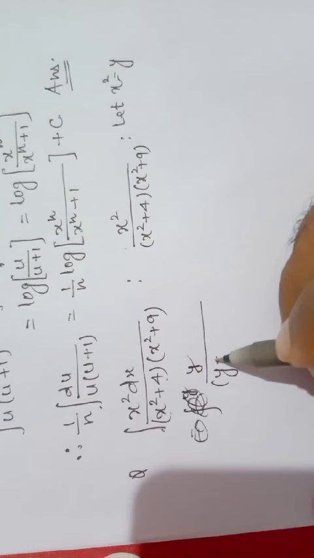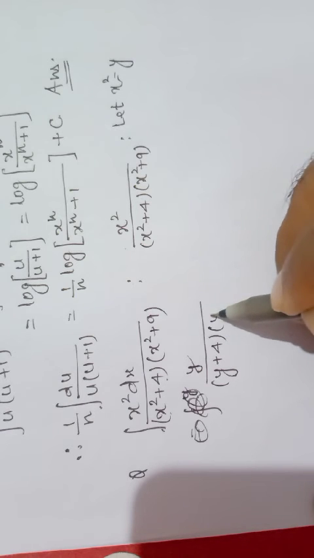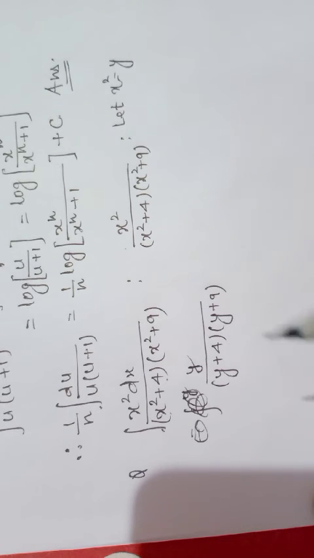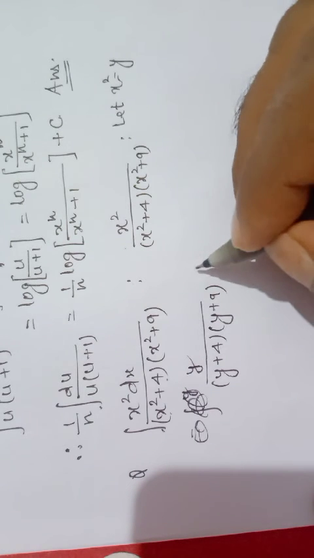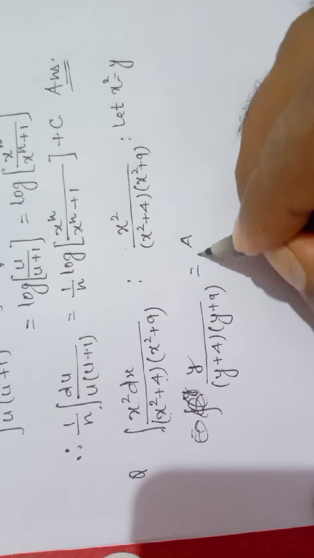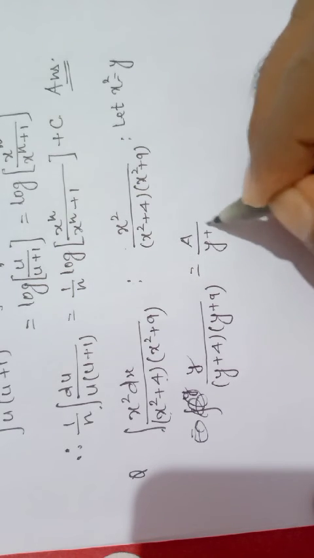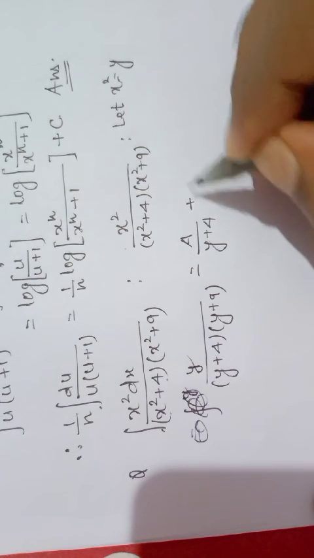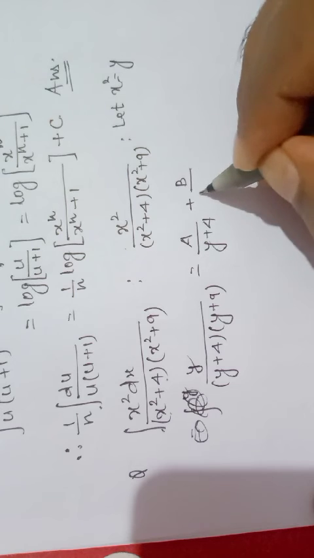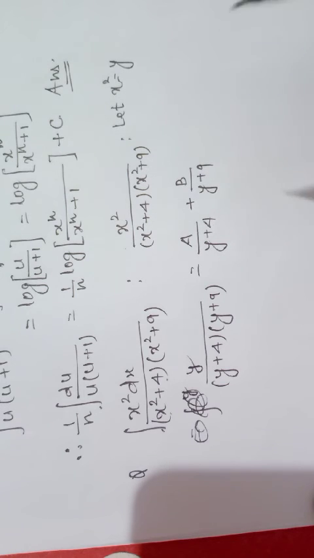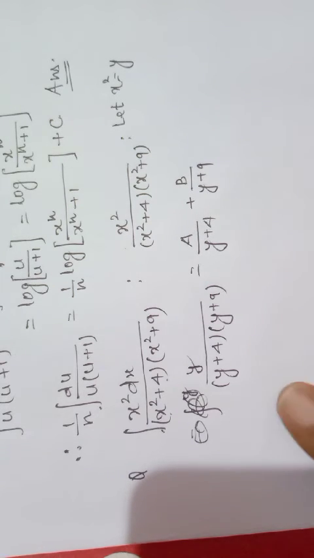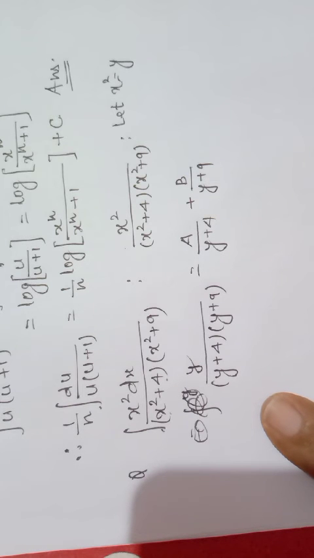First separate them, then integrate. Let it be a upon y plus 4 plus b upon y plus 9. According to partial fraction, it reduces from quadratic to linear.